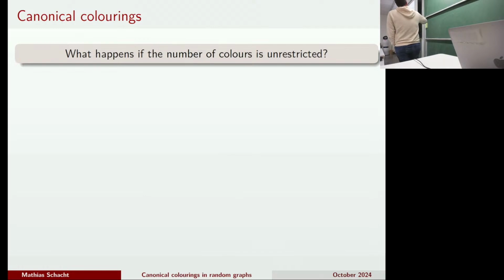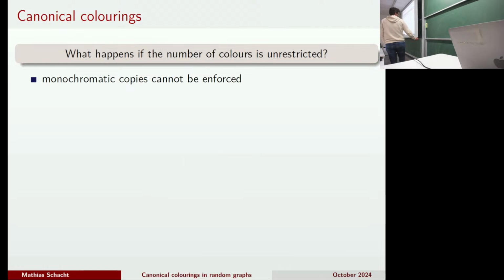Okay, so this explains one part of the title. The second thing I should talk about is canonical colorings. So what are canonical colorings? This is just that we move away from a fixed number of colors. What happens if we allow an arbitrary number of colors for coloring the edges?